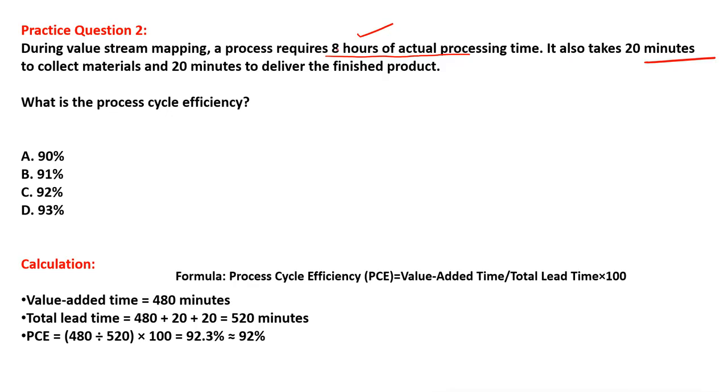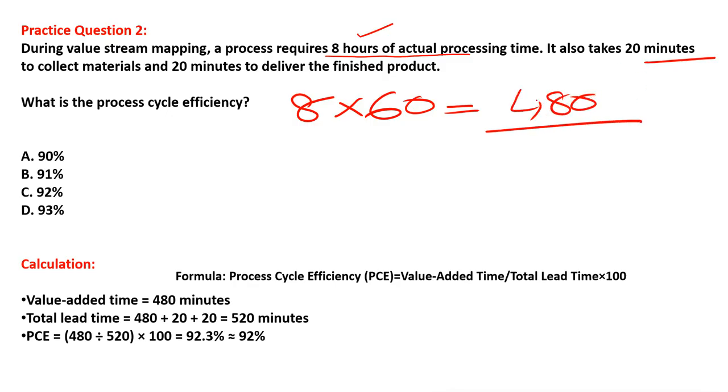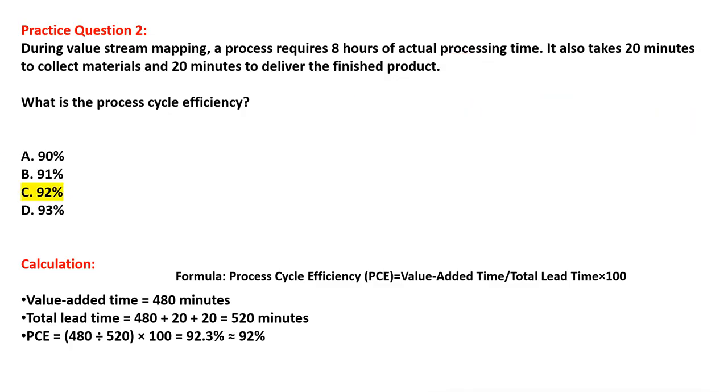So we are going to convert 8 hours into minutes. 8 times 60, because there are 60 minutes in 1 hour, so it will be 480 in the numerator. 480 plus 20 plus 20, 520 in the denominator, and times 100. So simplify it. Approximately, this symbol is for approximately, it is 92%. So you have to select this 92%, right?